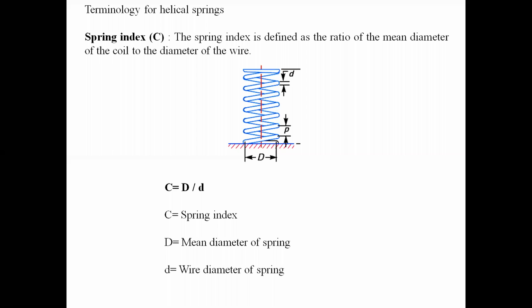In the picture you will find capital D, the mean spring diameter, and small d, the diameter of the wire. So spring index is the ratio of capital D to small d. Spring index is very important when we go for spring design calculations, so the spring index ratio is used there. That's why this terminology comes here. The terminology is very simple: spring index is the ratio of mean diameter to the wire diameter.